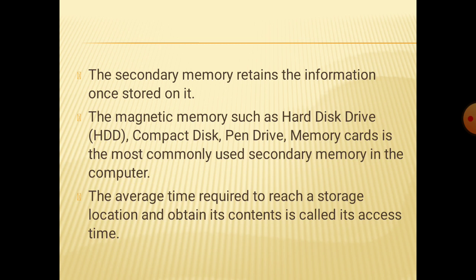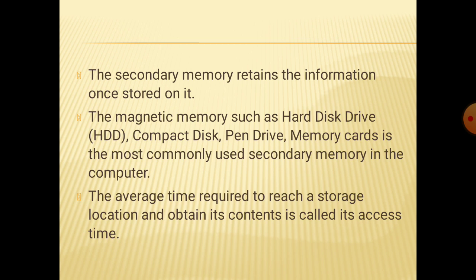These secondary memories are usually made up of magnetic material, so sometimes they are also called magnetic memory. Depending on when and how you need the data, we use different devices in secondary storage.